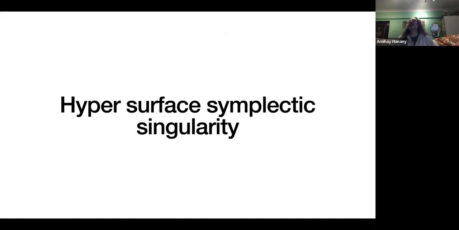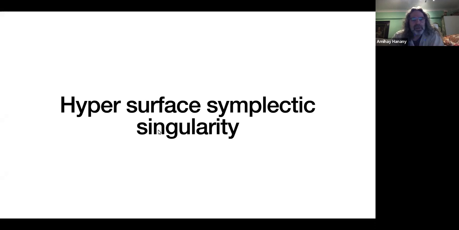Okay, so I'm done with the case of freely generated, and I'm also done with having those families. So remember that with the families we have those which have a polynomial highest weight generating function, and those which have a linear Hasse diagram. Let's talk about hypersurface symplectic singularities.